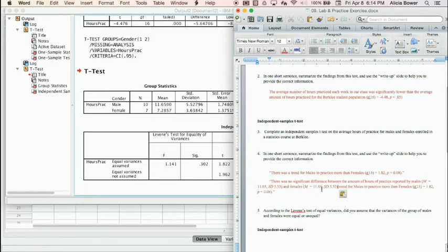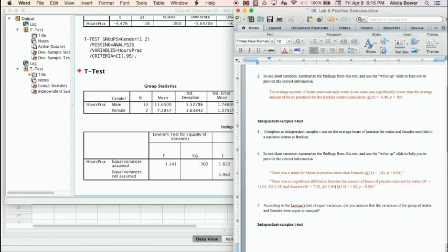And then I'm going to go ahead and put in the female statistics, which is a mean of 7.29 and a standard deviation of 3.64 when we round up. And then I could put my t information, 1.82.